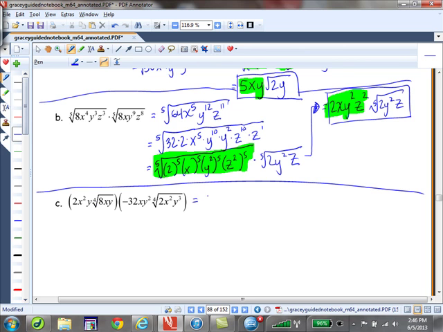I'm going to say that we're going to do 2x squared times y times negative 32 xy squared first, okay? And then times the 4th root of 8xy, so I'm going to put them under one happy 4th root, and then times 2x squared y cubed.